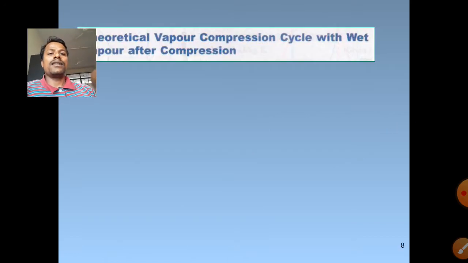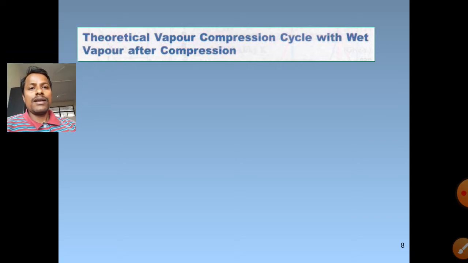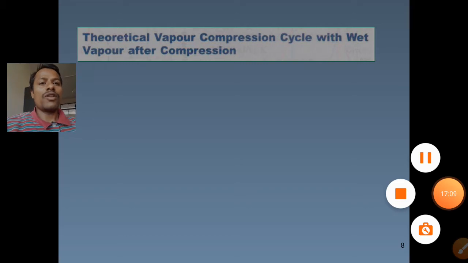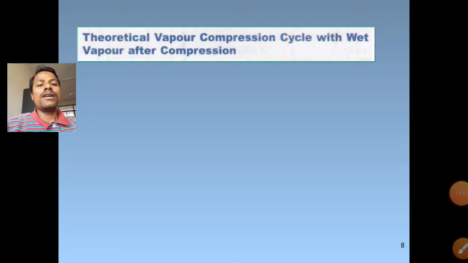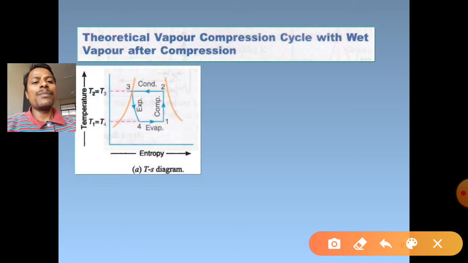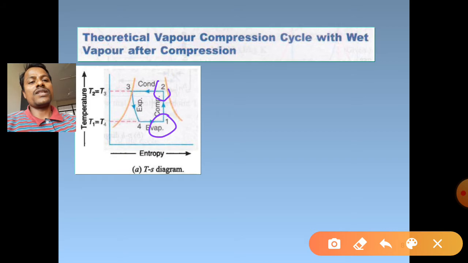Then let us go ahead with another type of VCR cycle, wherein theoretical vapor power cycle with wet vapor after compression. After compression itself we will be having wet vapor, means inlet is also wet, outlet is also wet. So, this is the temperature entropy diagram, wherein we have vapor dome, saturated liquid line and vapor line, and inlet of compression is wet and outlet of the compression is also wet.